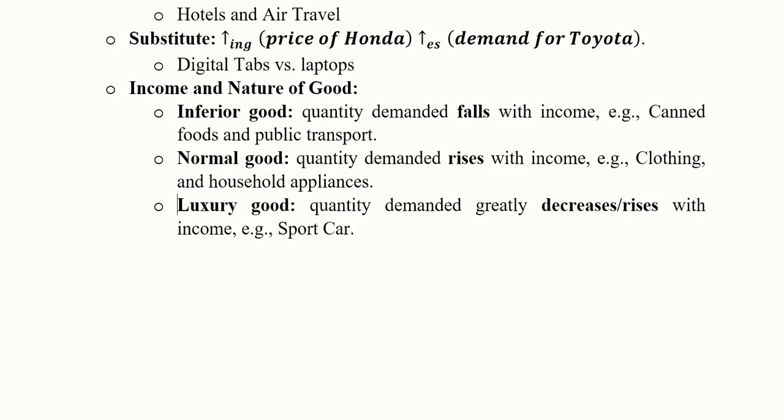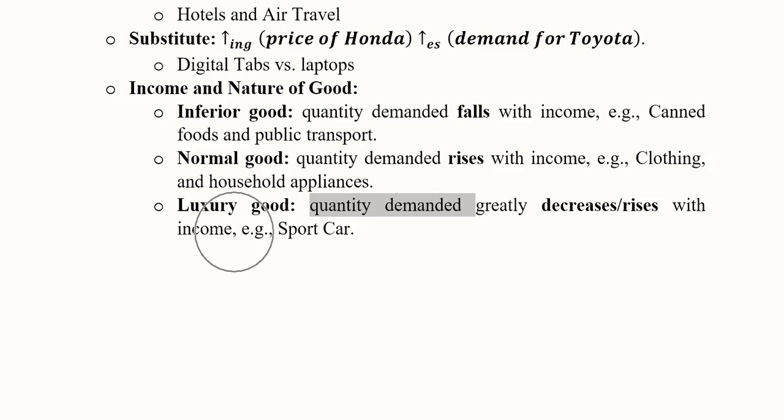The higher level of the good spectrum would be the luxury goods. Luxury goods have a certain relationship, because their response in quantity demanded to an increase in income is quite large. When the income increases, people shift considerably towards these goods, and that's why the quantity demanded will also increase.